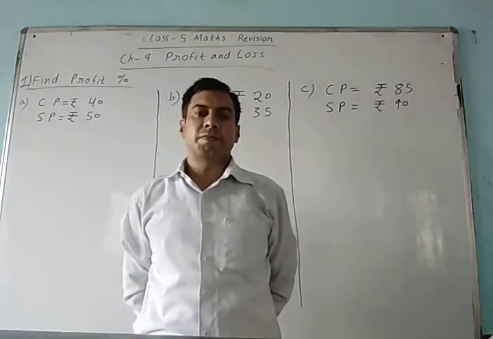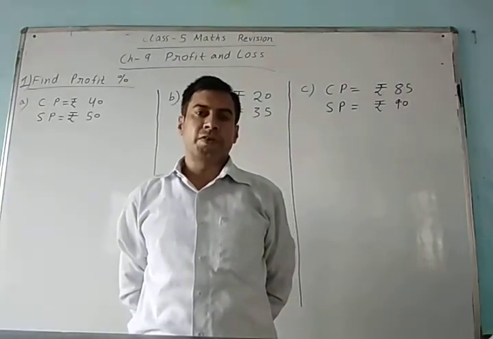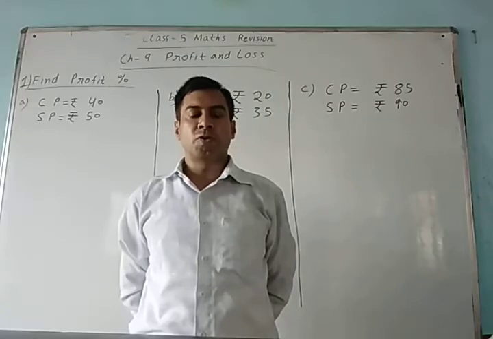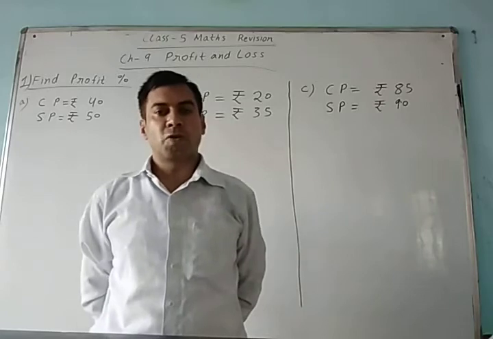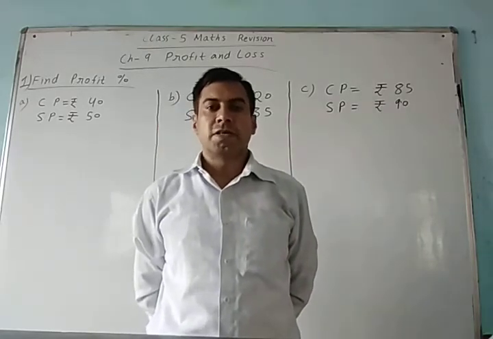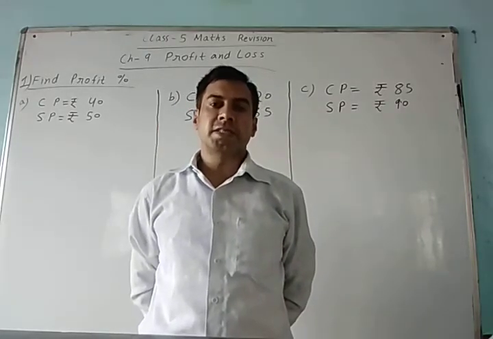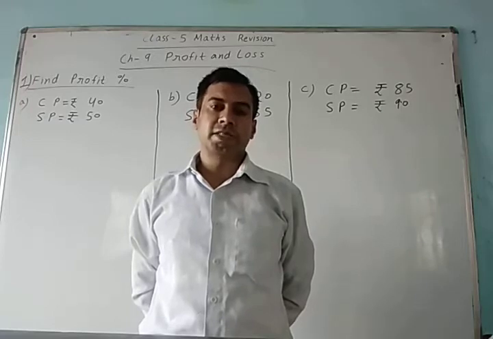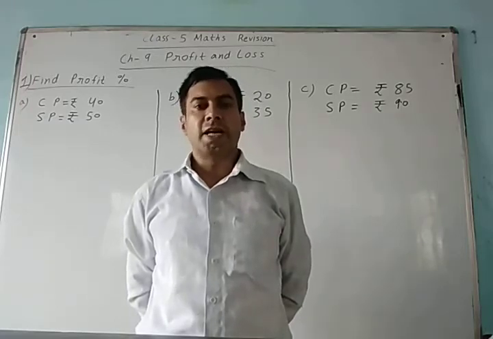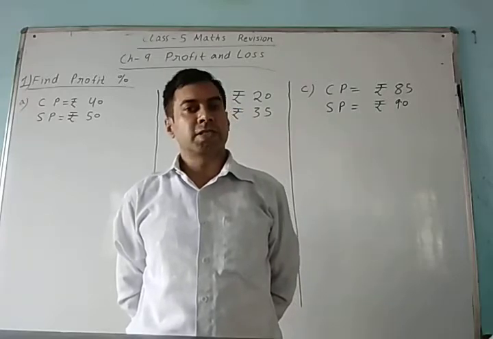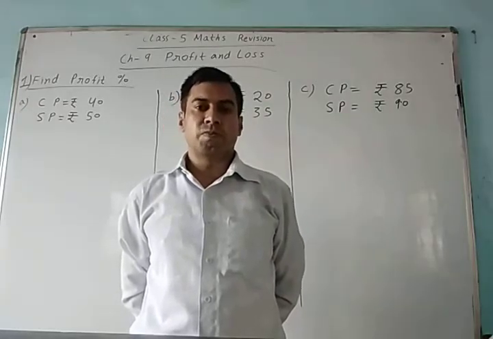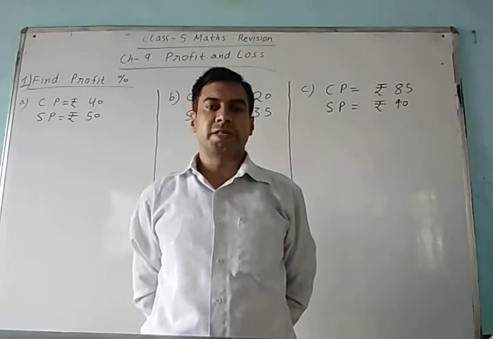Today in class 5 math I will start revision of profit and loss percent in chapter 9, profit and loss. Student, I have explained what is profit and what is loss. When selling price is greater than cost price, then it is profit. And how do we find out profit? We subtract cost price from the selling price and we get profit, how much profit it is.